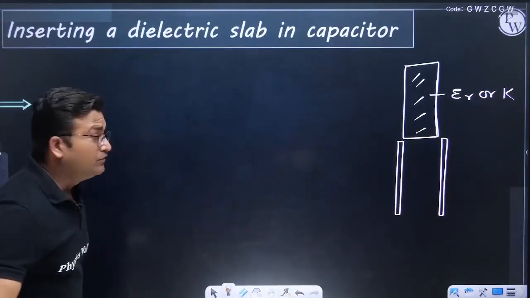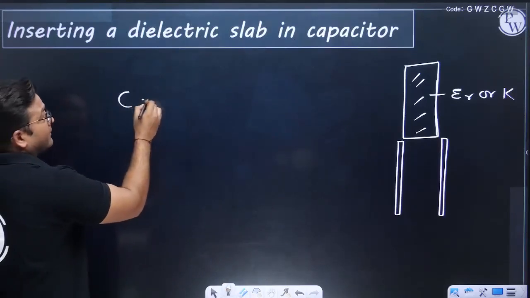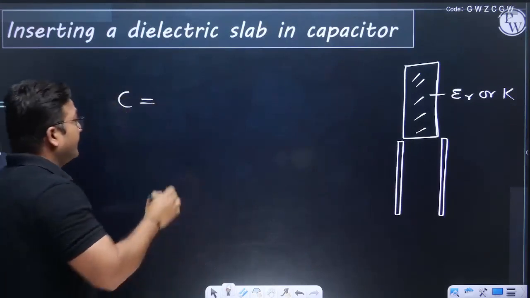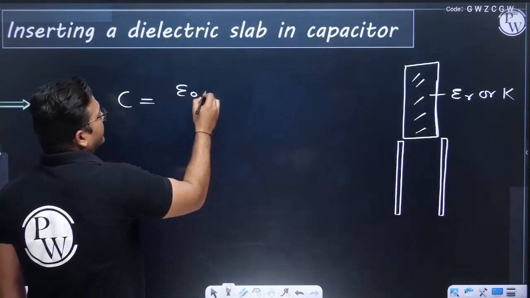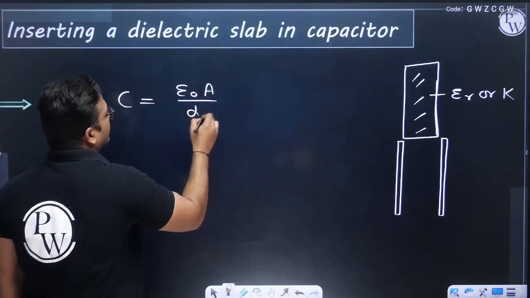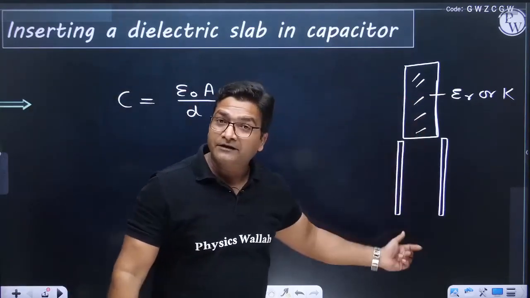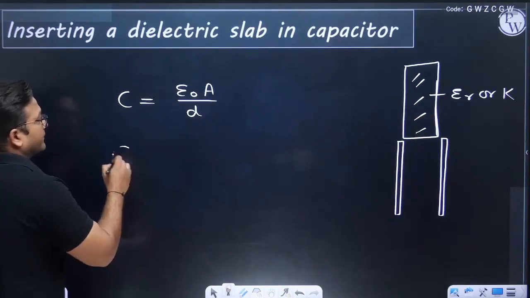Okay, so as you know, the capacitance of this parallel plate capacitor, when air is between the plates, is epsilon naught A by D. But when we fill this gap with this dielectric, what happens?